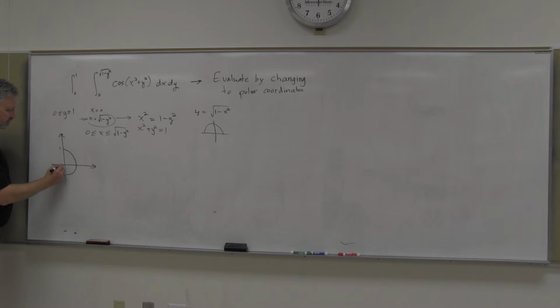And so the y value goes from 0 to 1, so that's telling me I go from y equals 0 up to y equals 1. Is this the sector right there? So in polar, what would it be? Pretty easy, isn't it? In polar, theta goes from 0 to pi over 2.